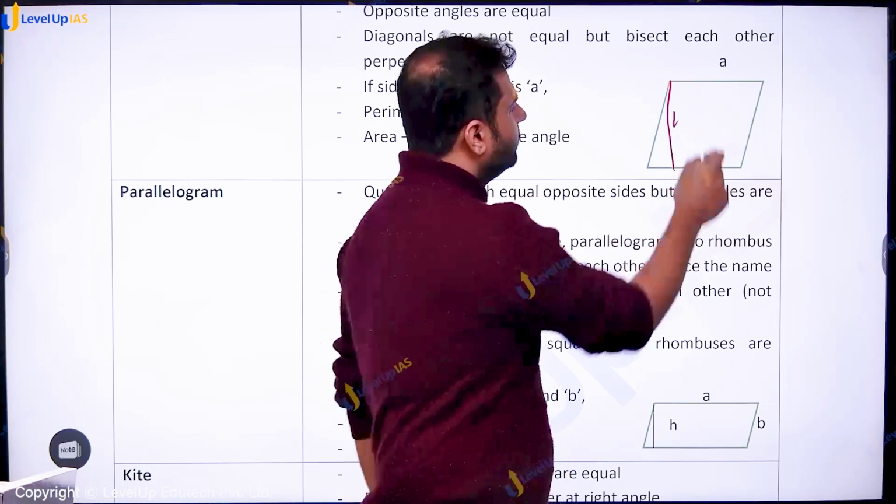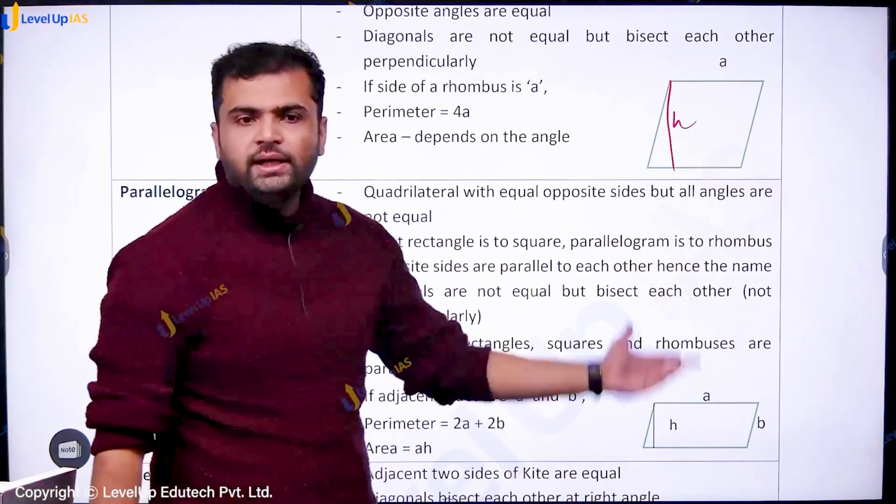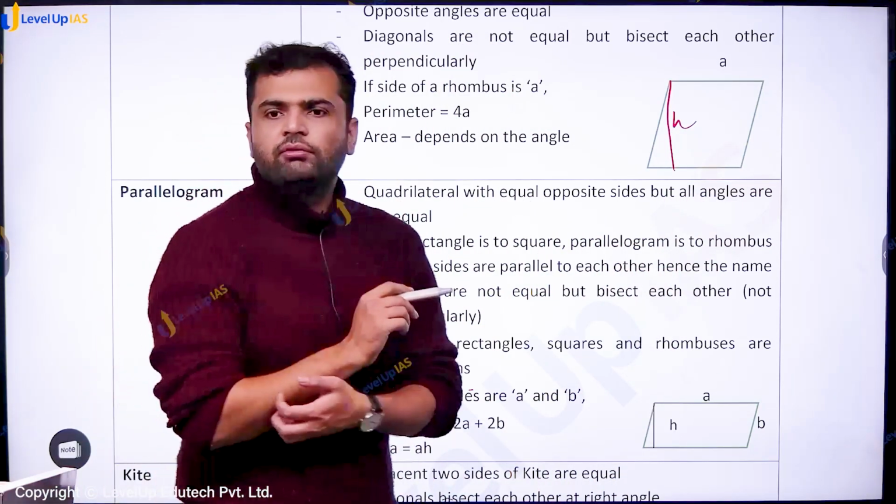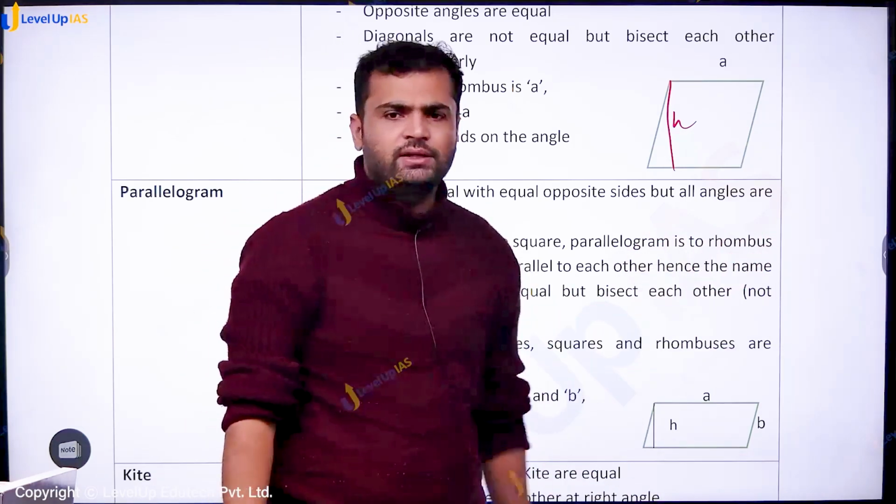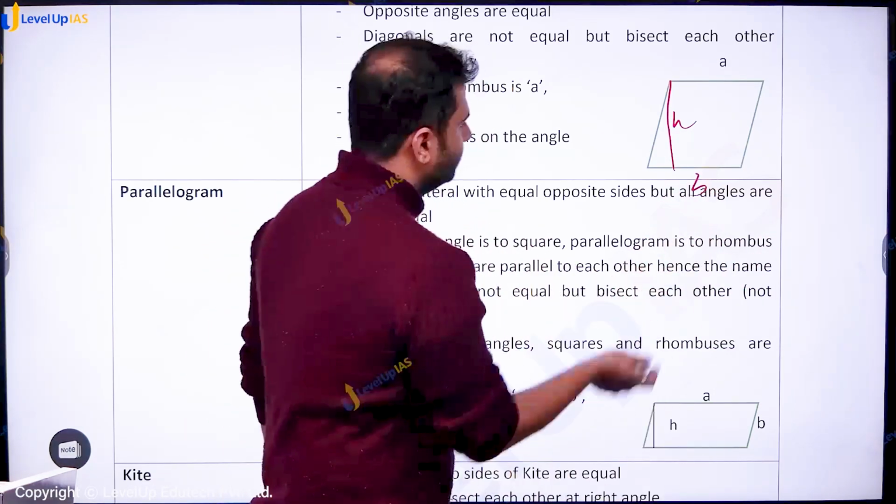If this is height, या तो you need to find. If you somehow have a height or height is given, then area could be just base into height.